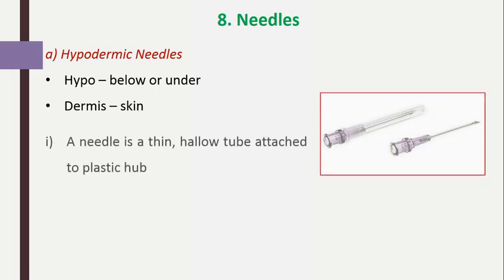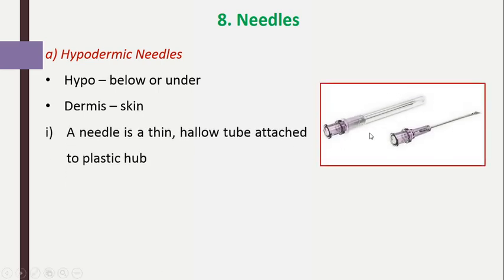You can see in this picture, this is a hypodermic needle. This needle is a thin hollow tube attached with a plastic hub, which is mainly used to introduce small volume parenterals by various routes.